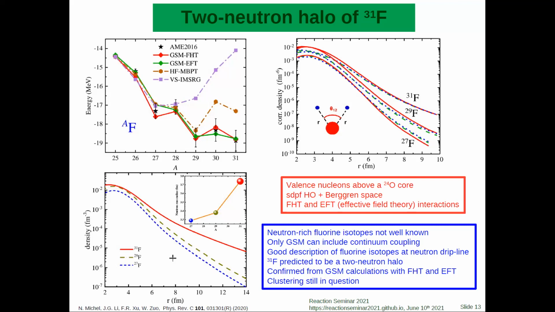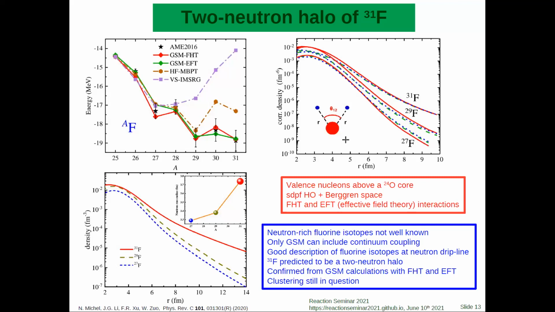neutron density. Indeed, if we have a 2-neutron halo, it has to be seen not only in density but also in correlation density, because the two nucleons have to be in the halo and not just one. And it is the case, as we can see here, because for fluorine 31, the correlation density decreases slower than those of the more bound fluorine 27 and fluorine 29.